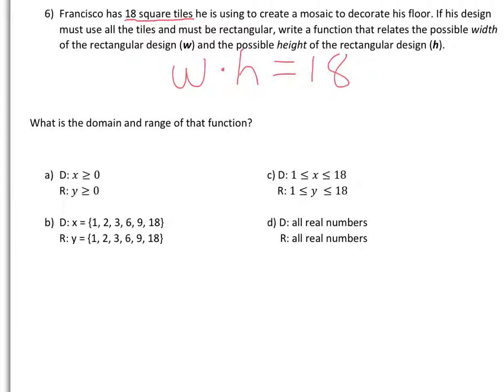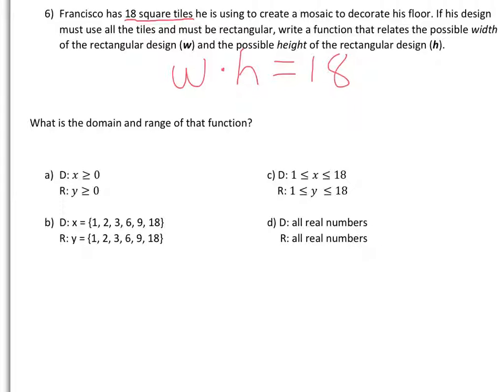This second part was the tricky bit, because we had to remember way back when that if he has only 18 square tiles, then he does not have an infinitely divisible set of things. Normally, width and height are measurements, and measurements can be infinitely divisible.